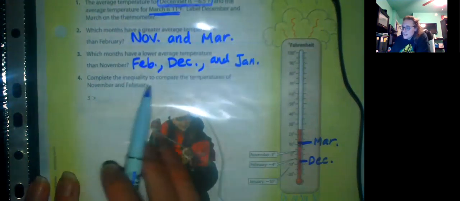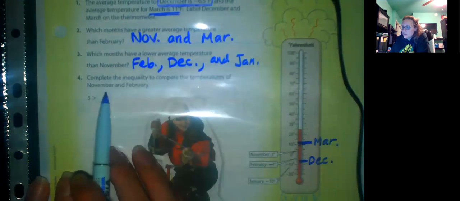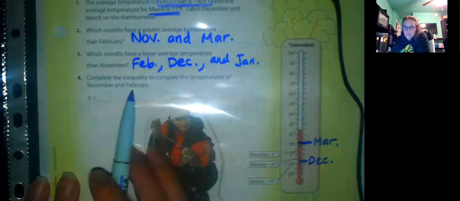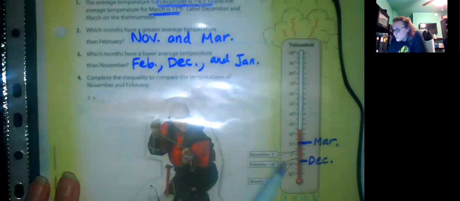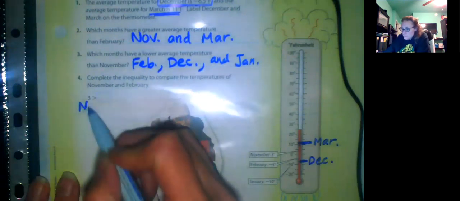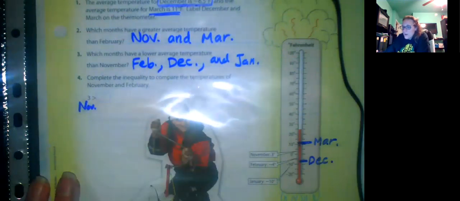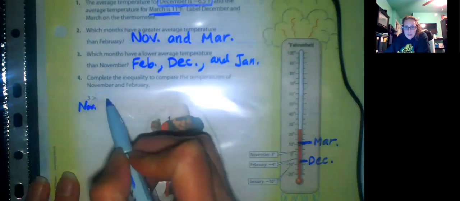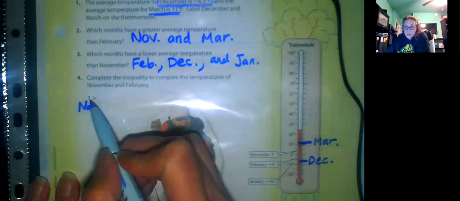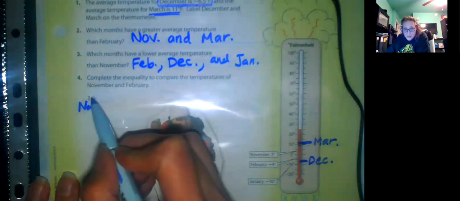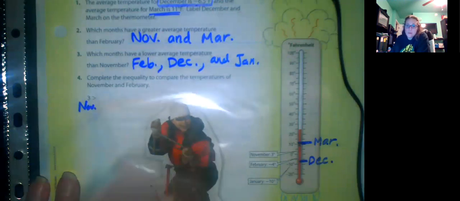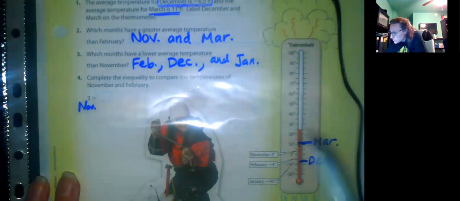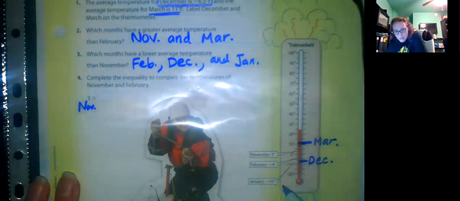Complete the inequality to compare the temperature of November and February, okay? November was 3, so here's November. And we want an inequality that is less than 3, because 3 is on the big side, so we need a smaller number than 3, so now we need to go down. It could be any of these.